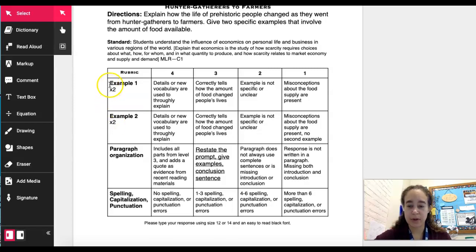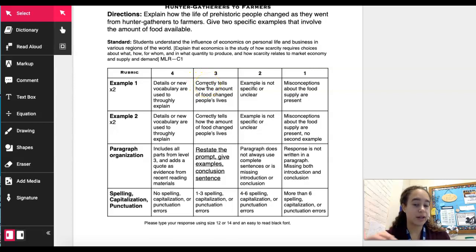The most points in this paragraph come from your 2 examples, example 1 and example 2. You have to have at least 2. Okay? If you give just a clear example about how the amount of food changed people's lives, that would be a 3.